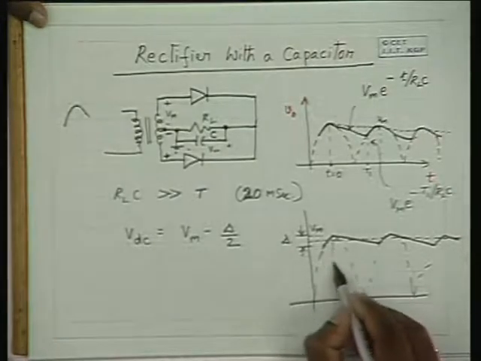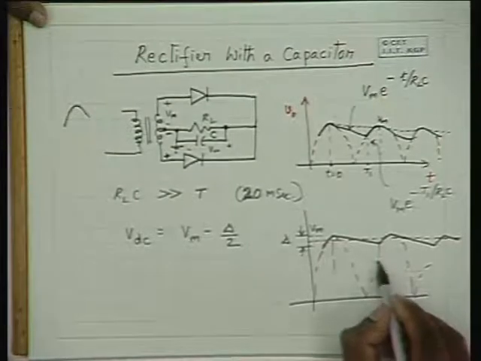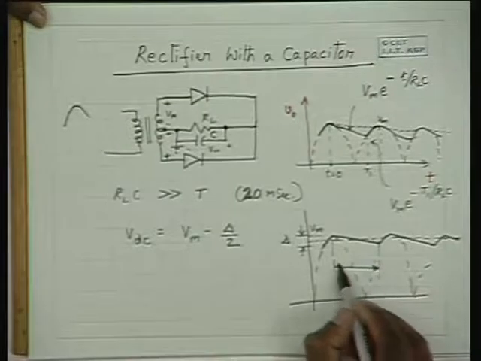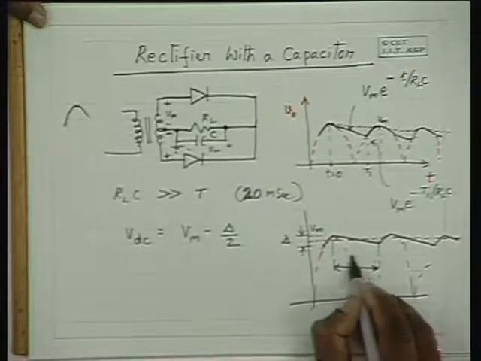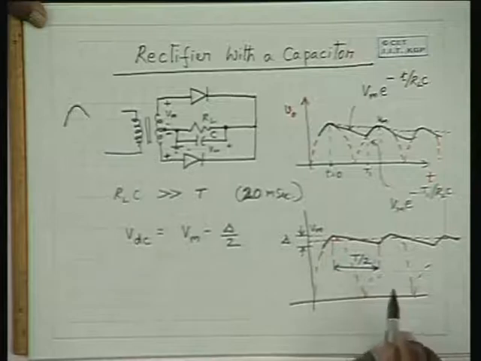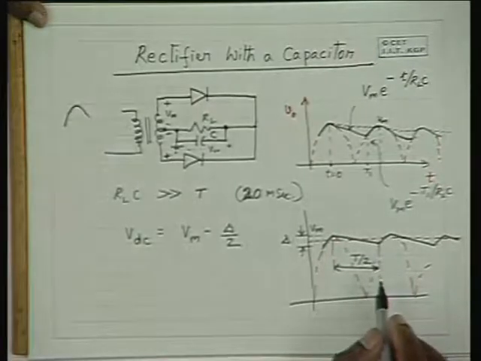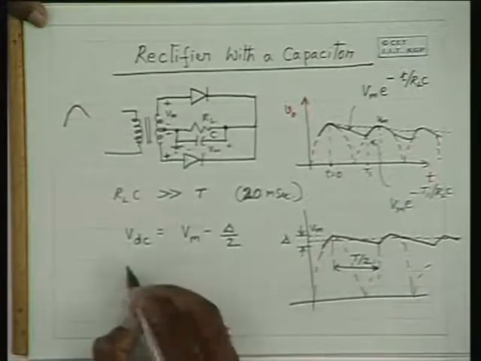To determine delta, let us assume that the discharging time is approximately T by 2. In fact, it is less than T by 2, so let us approximate it to T by 2.